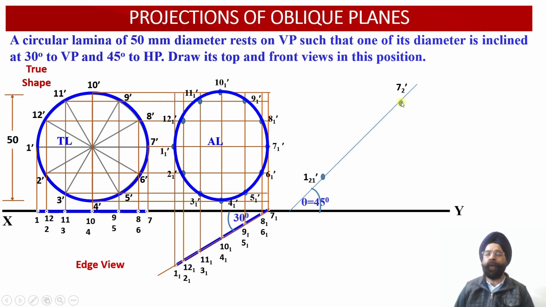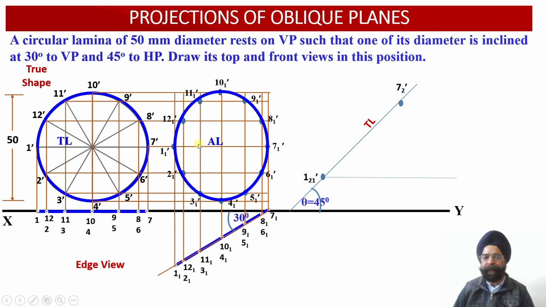We know from the principles of rotation of a line that once we have the location of the two endpoints of a true length, we draw locus lines. One locus line is over here, another locus line is over here. Between these two locus lines, we are also going to obtain the apparent length projection of this line.